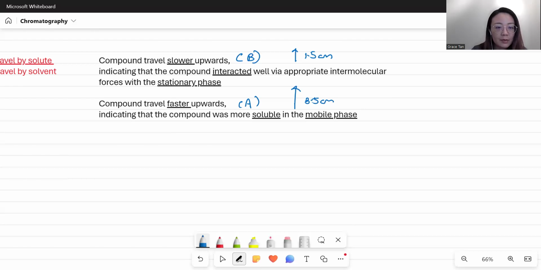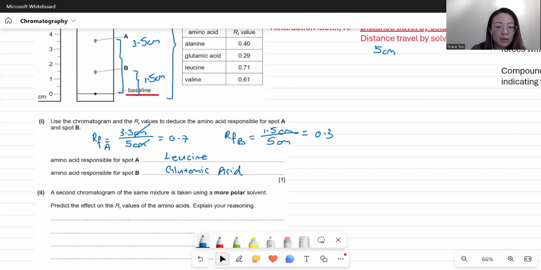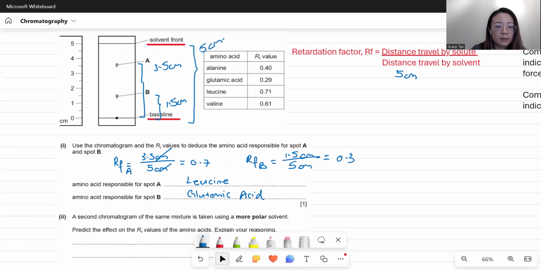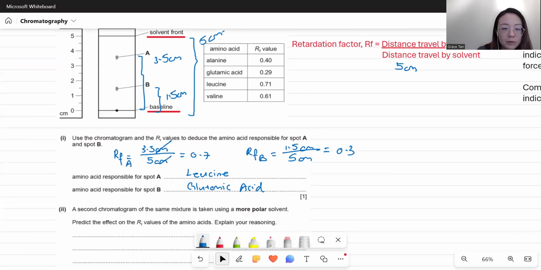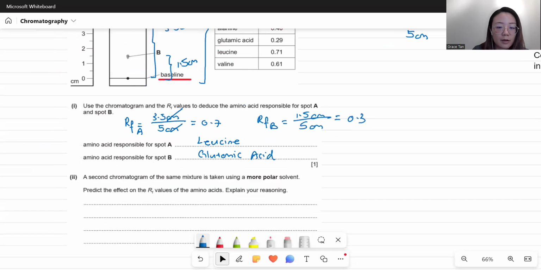Now, we come back to here. A second chromatogram was used, but using a more polar solvent. Predict the effect on the RF values of the amino acids.